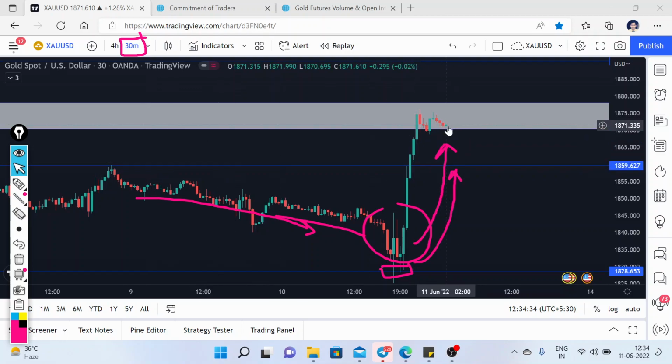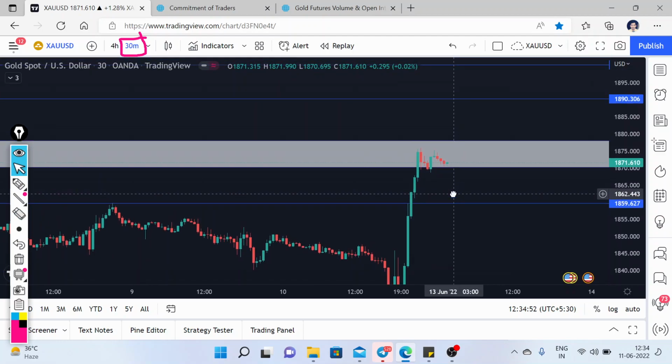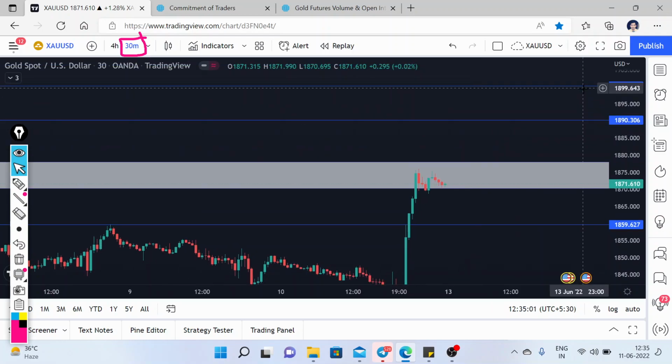So from the current price, the level of 1860 is the level currently acting as support that we have to keep in mind. And if gold is able to maintain this bullish run, then the next resistance to the upside is the level of 1890 and the psychological barrier of 1900.